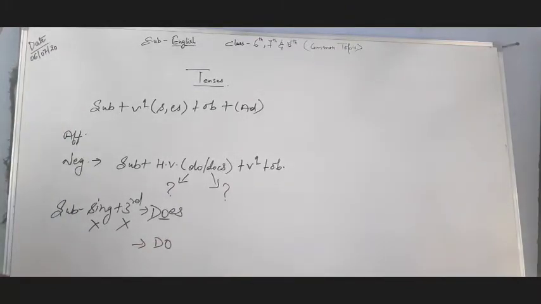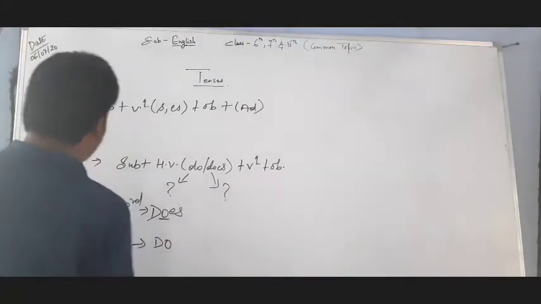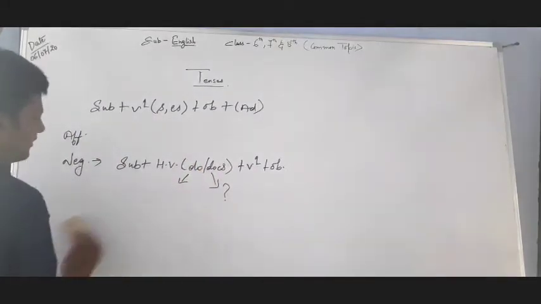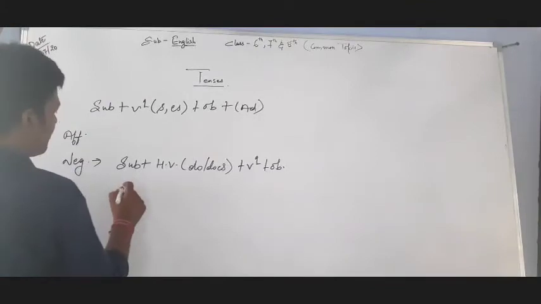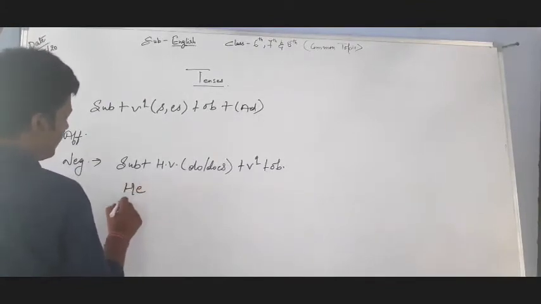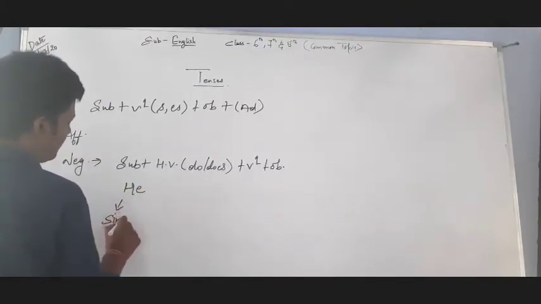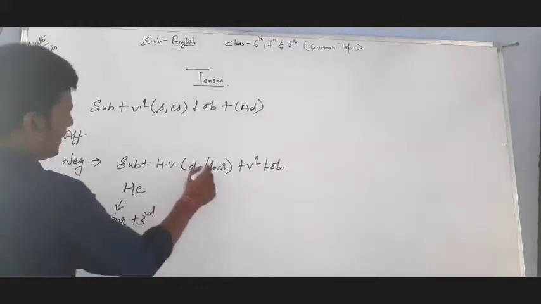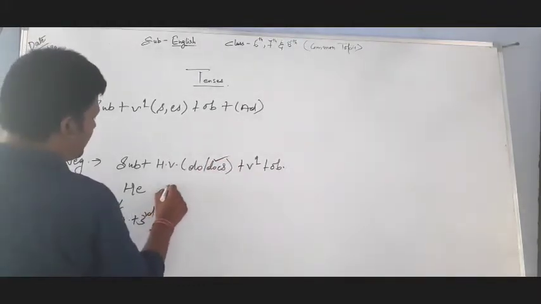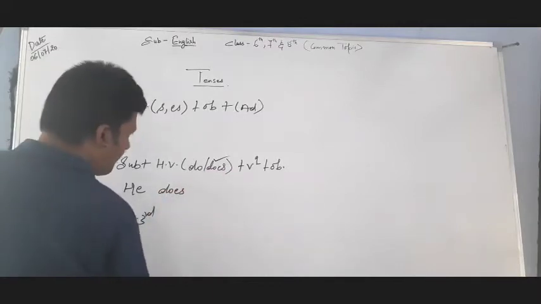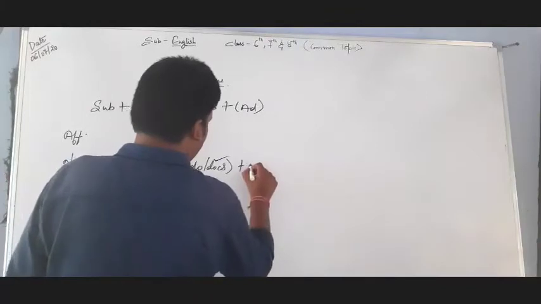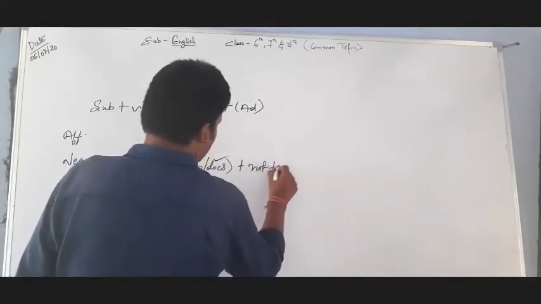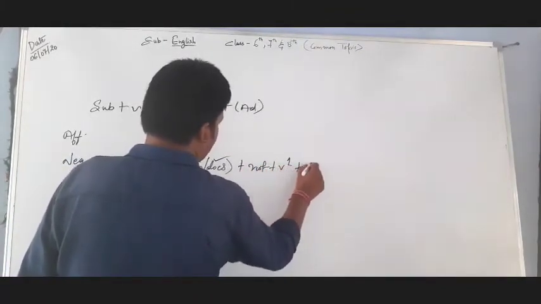Let's take an example so that you can understand it in a better way. For example, if my subject is he, he is singular as well as third person, so I use does. He does. Here I will put not because it is a negative sentence: not plus verb first form plus object.